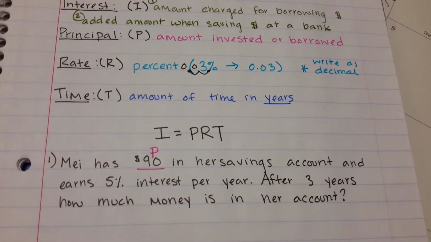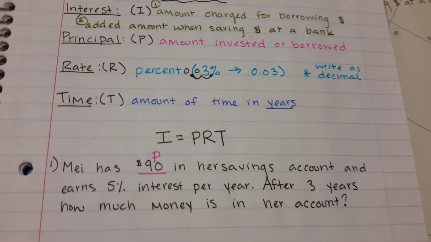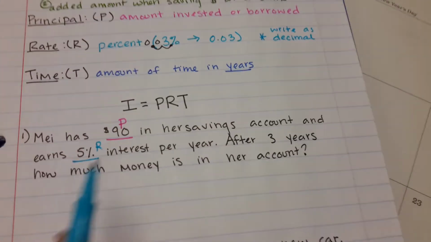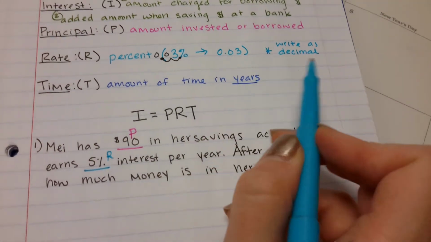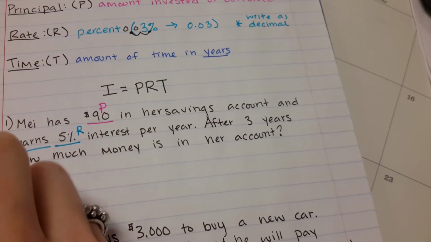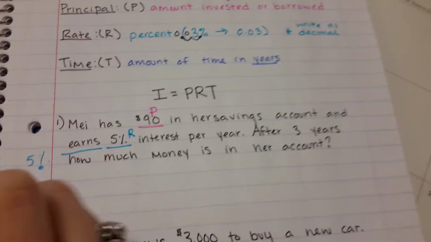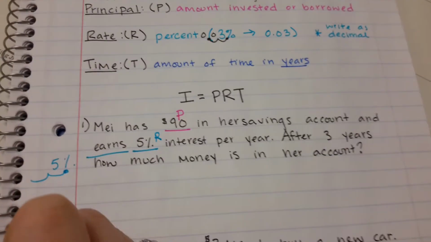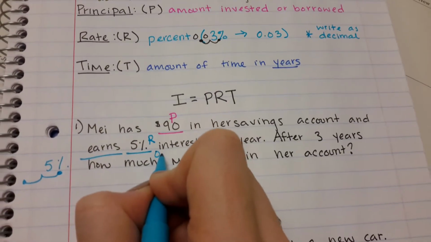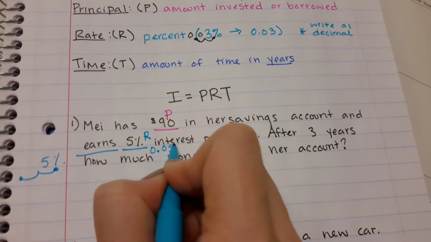Yes, there is. She earns 5% interest per year, so we'll underline that. This is our rate. But how do we want to write our rate? Not as a percent, but as a decimal. So 5%, find our decimal point, move it 2 times to the left, and our rate is actually 0.05.